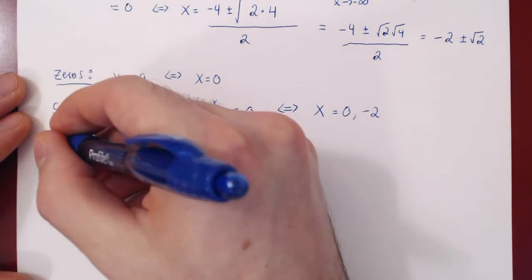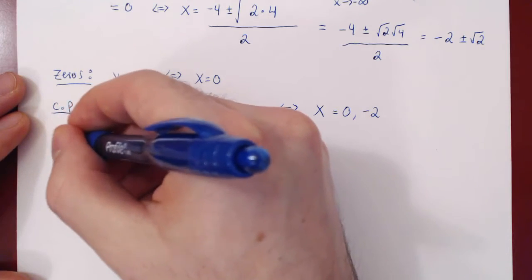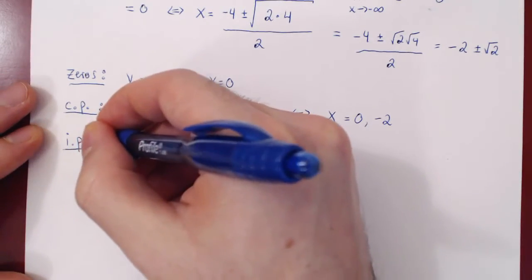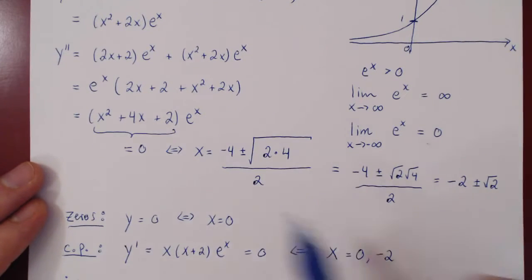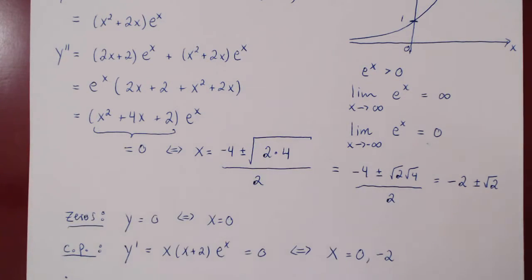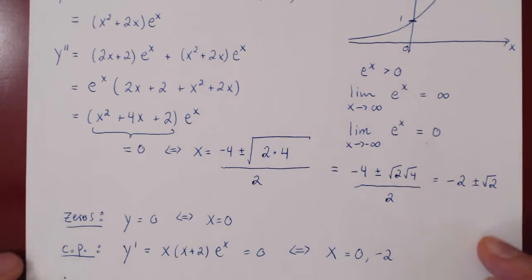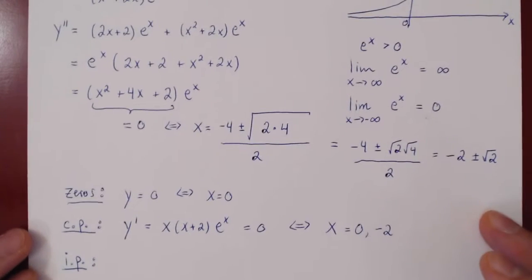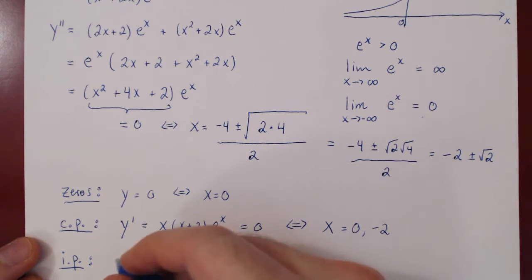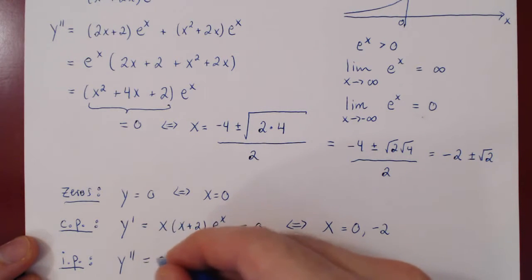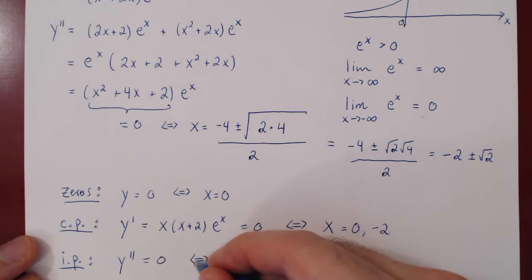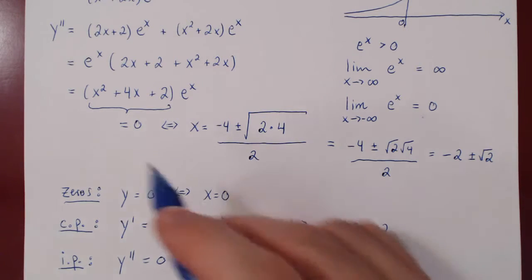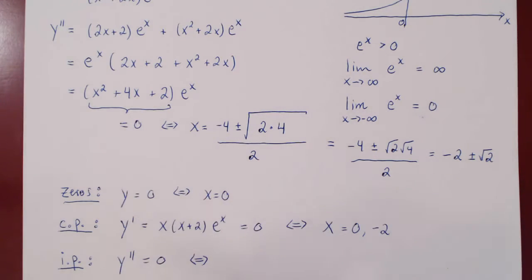Possible inflection points now. Again, the second derivative is always defined. So the only way to have an inflection point is for the second derivative to be 0. So y double prime equals 0. But we already solved for this, right? We were trying to factor this quadratic, so we found its zeros.